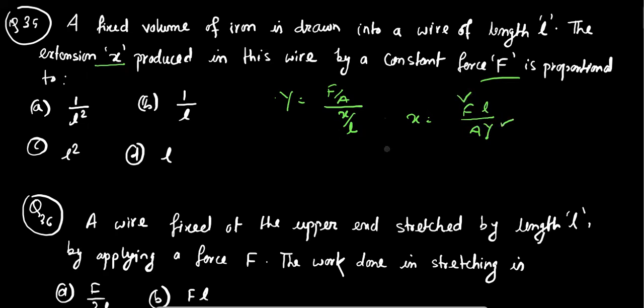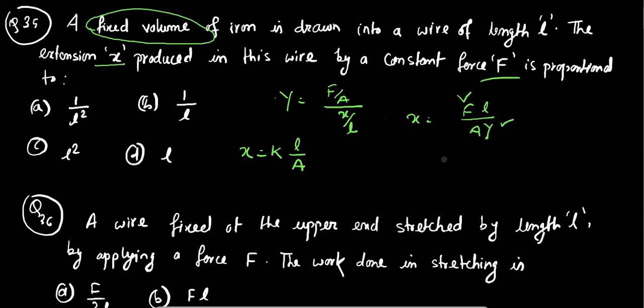So we can write this expression as some constant times L by A, and it is given here for a given volume, which means that volume is constant, but area of cross section of course changes, because on drawing a wire the radius will definitely decrease. That's why we cannot use area as a constant parameter here. So we have to express the area in terms of volume and length.